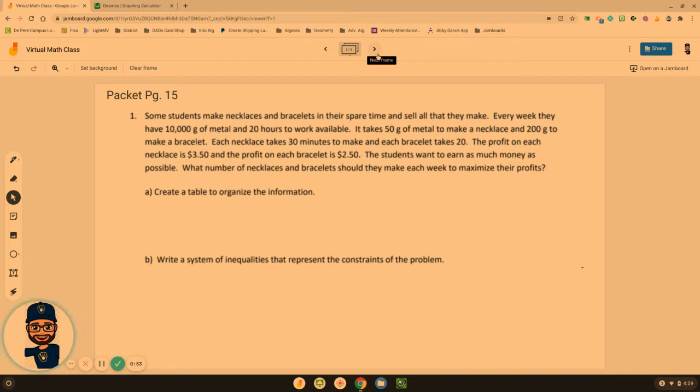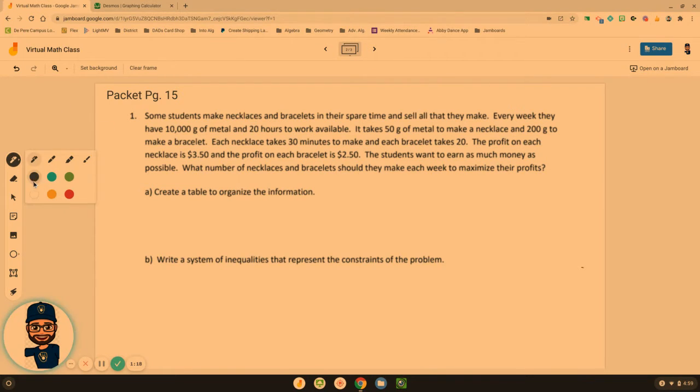It takes 50 grams of metal to make a necklace and 200 grams to make a bracelet. Each necklace takes 30 minutes to make and each bracelet takes 20. The profit on each necklace is $350. The profit on each bracelet is $250. The students want to earn as much money as possible. What number of necklaces and bracelets should they make so that they can maximize their profit?